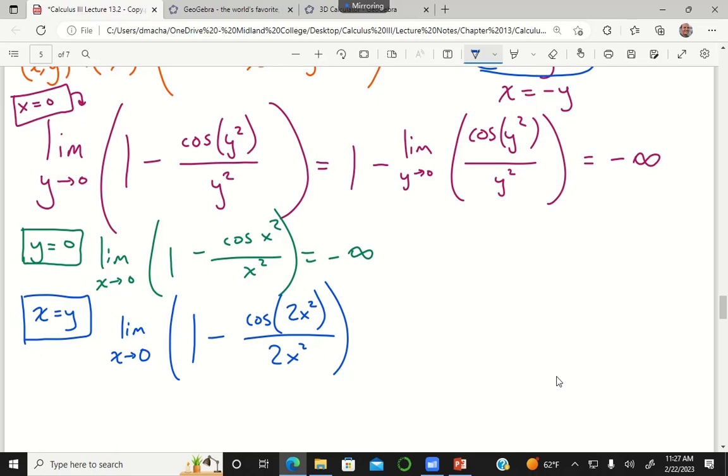But even with that 2 present, as x is approaching 0, I still have a situation where I'm approaching positive 1 on the left and the right, and I'm approaching 0 from a positive direction in the denominator, so 1 over 0. It's still blowing up to infinity, so 1 minus something blowing up to positive infinity is going to be negative infinity.